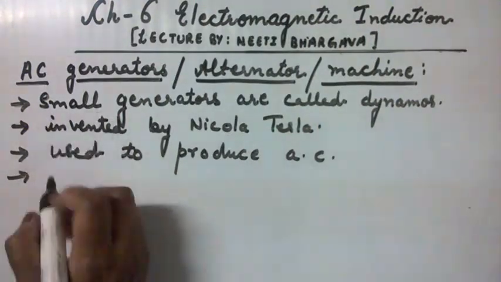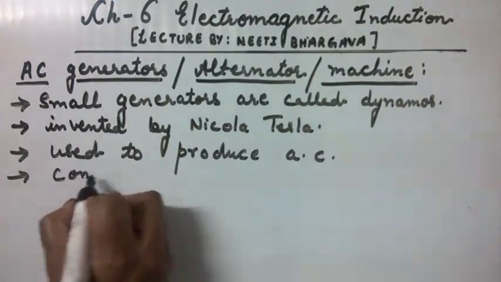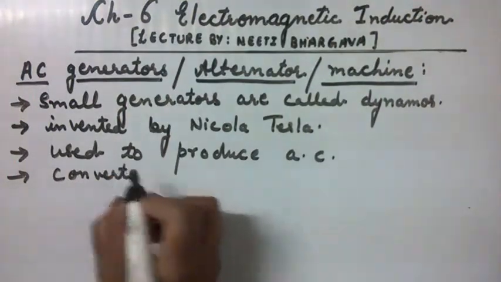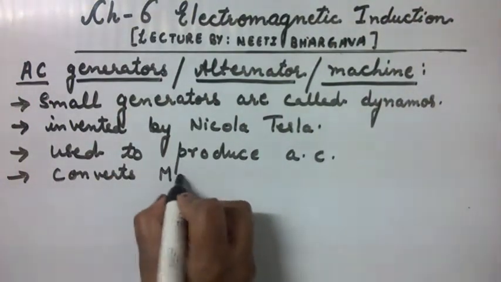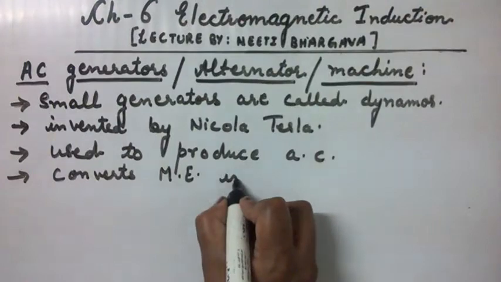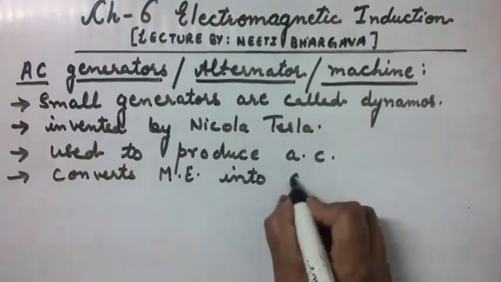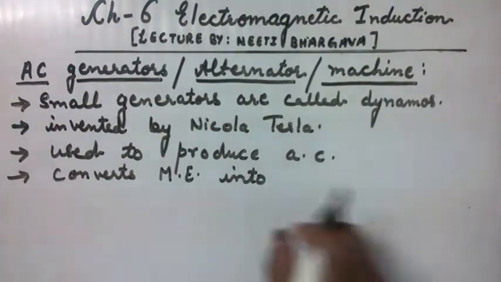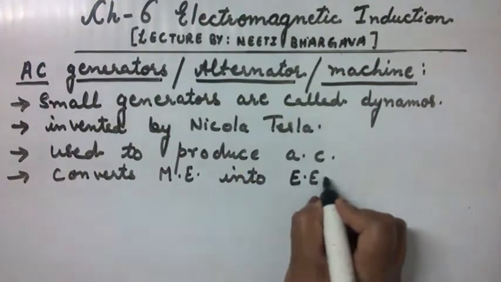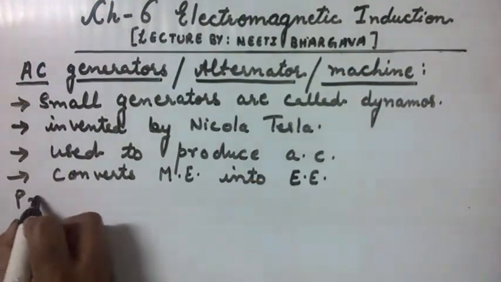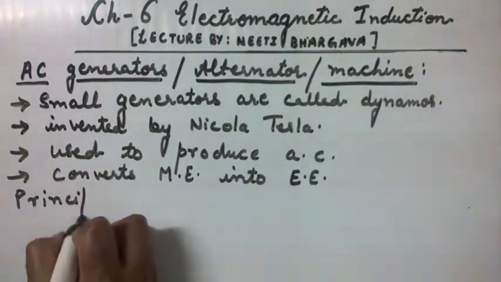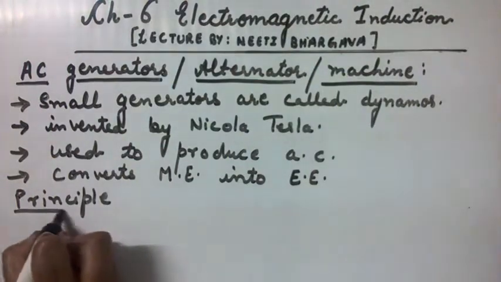And AC generator converts mechanical energy into electrical energy. And it is based on the principle of electromagnetic induction.